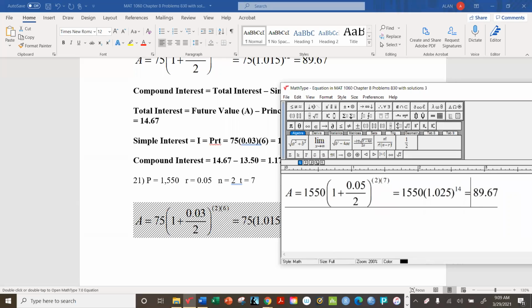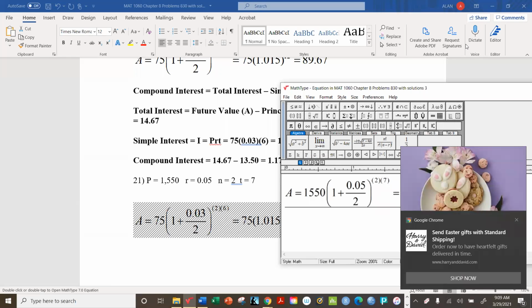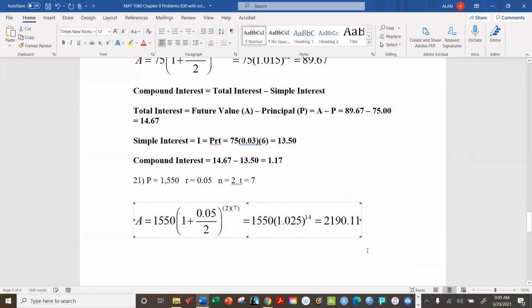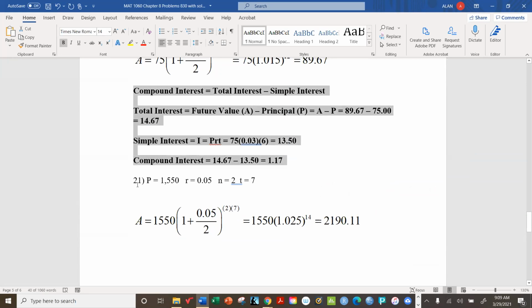And that's rounded, of course, to dollars and cents. All right, there's our future value, and the rest of it will follow along the same lines as what we've been doing.